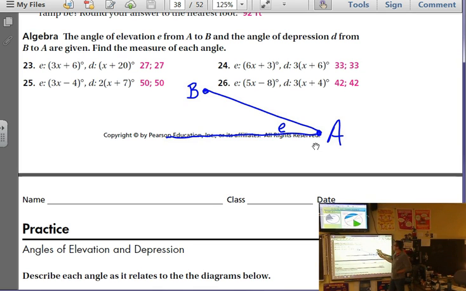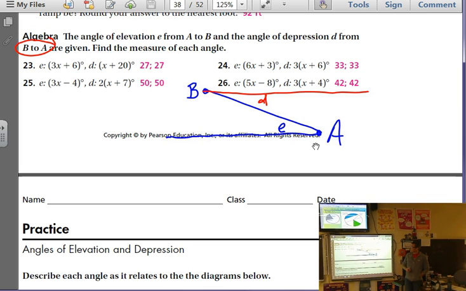And then the angle of depression D from B to A. So now, since it's from B to A, angle D would be right in here. Does that make sense?